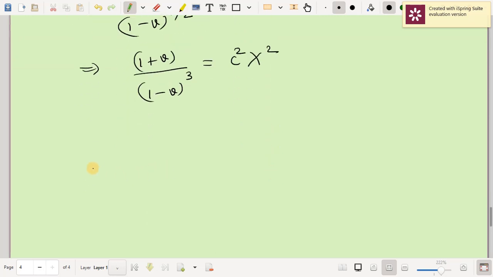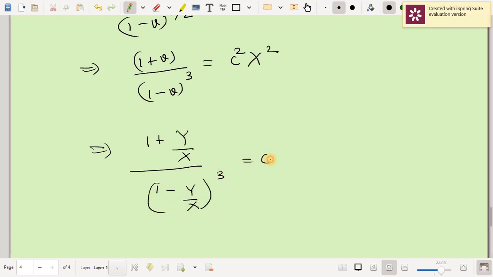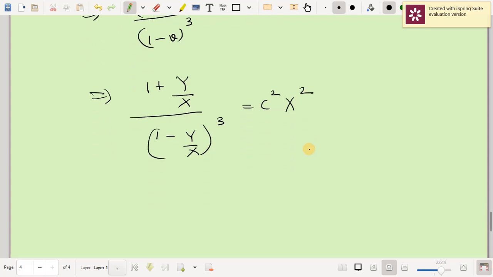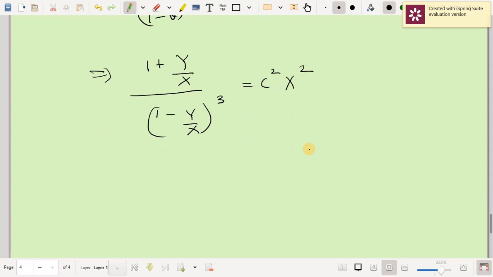Further, now you need to substitute the value of v, that is, v is the same as capital Y by x: 1 plus Y by x upon 1 minus Y by x the whole raised to 3 is equal to c square x square. It's still not over. For the final step, you just have to substitute the values of v, y and x.